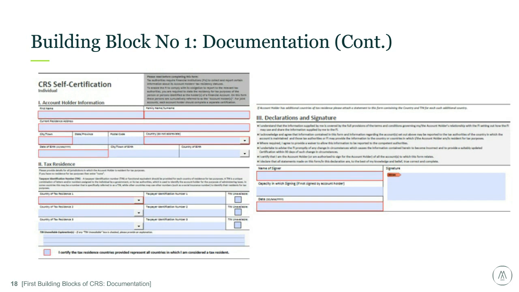So really it's just, okay, here's my personal information. This should be enough to allow my local jurisdiction to understand who I am and what I'm earning on the CRS reporting. And there's no additional, complicated figuring out what kind of status your entity holds under CRS. So individual self-cert is much more direct.